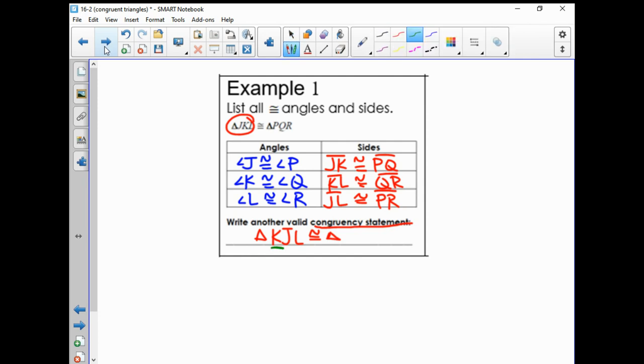K was the middle letter, so I'm going to start with the middle letter of the other triangle, which is Q. J was the first letter, so my next letter is going to be the first letter, P, and L, which is the last letter, is going to correspond with R, the last letter over there. So triangle KJL is congruent to triangle QPR right there.